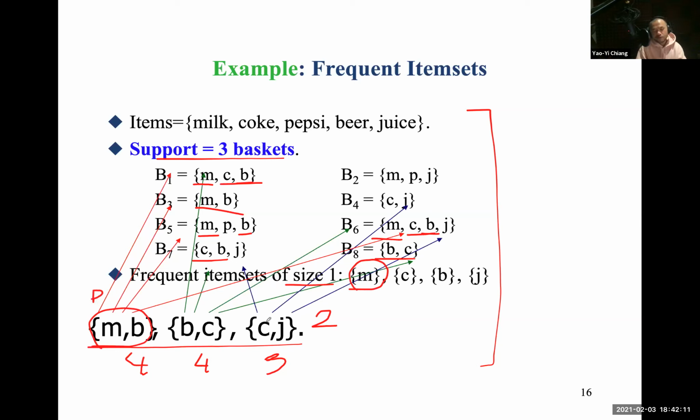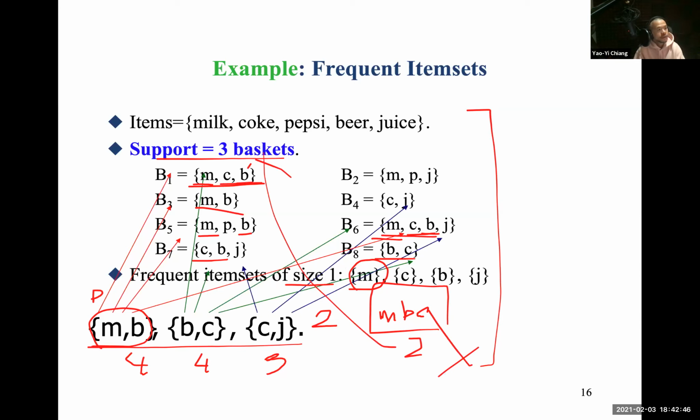You can also have item sets of size 3, for example M, B, C. So let's count: how many baskets contain MBC? People are saying 2. Is it frequent? No, because the support of MBC is 2 and the support threshold is 3, so not frequent.